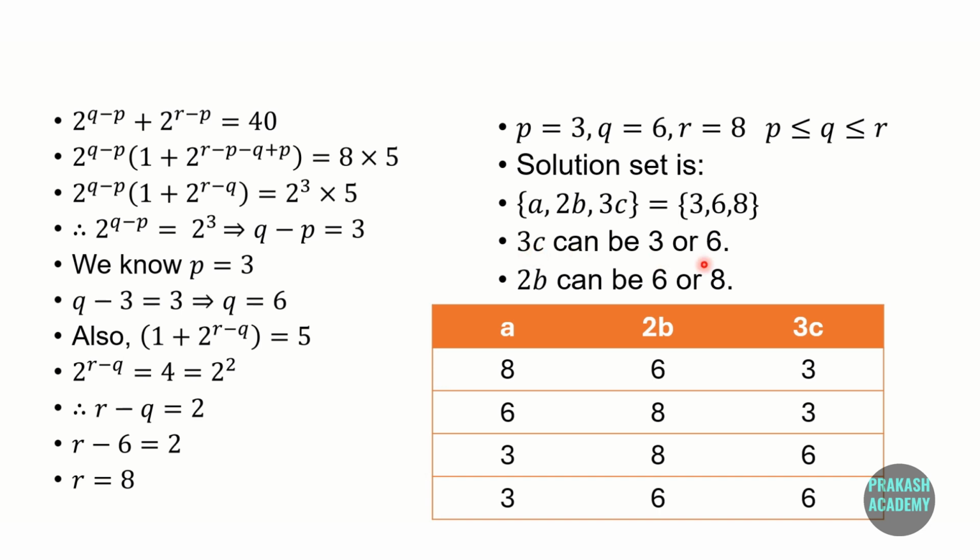What about when 3C is equal to 6? Then I can have 2B is equal to 8 and the left number is 3, or I can have 2B is equal to 6. But that is not possible because I have already considered 3C is equal to 6. So this is not possible. So only 3 cases are possible, that is the first 3 cases.